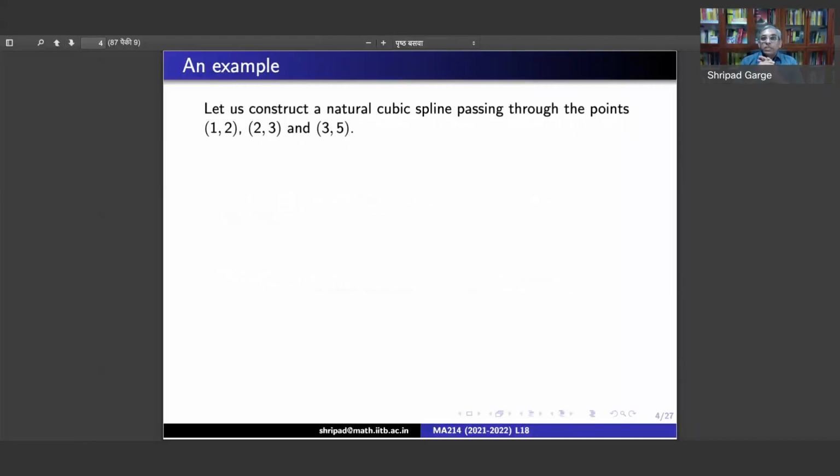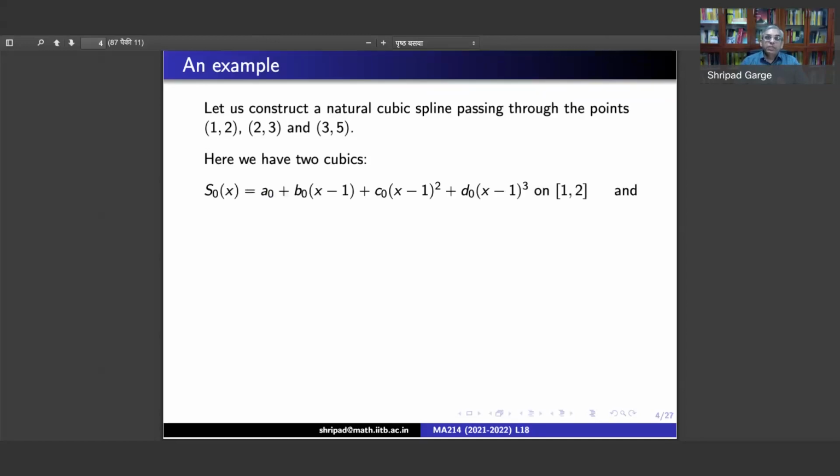We want to construct a natural cubic spline. So our double derivative is going to give you the 0 value at the endpoints which are 1 and 3 here, and we have 2 as the intermediate point. So we are going to have 2 cubics. There will be this cubic which we will write as A0 plus B0 into x minus 1, plus C0 into x minus 1 square plus D0 into x minus 1 cube.